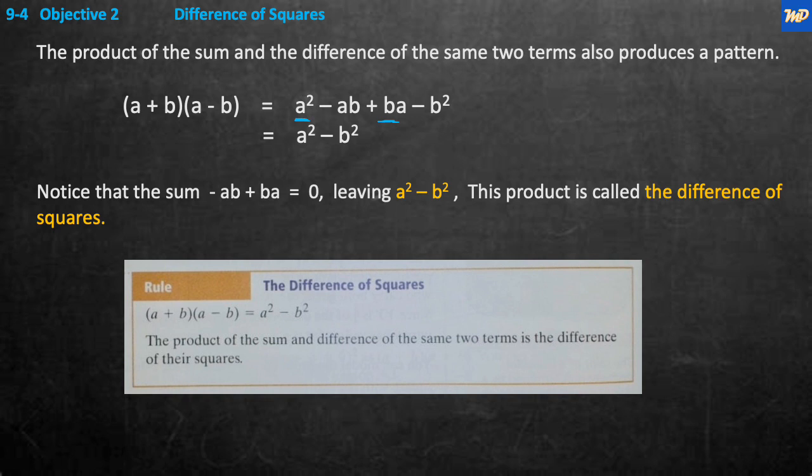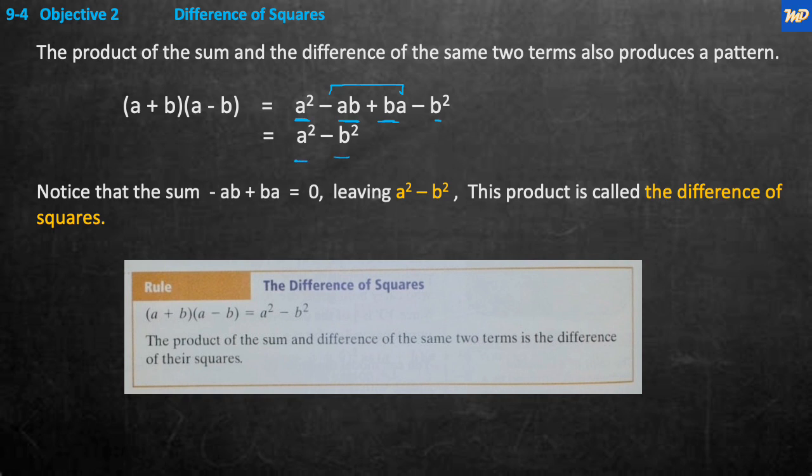Outer is a times minus b, a negative ab. Then inner is positive ba. Here's your positive ba. And finally the last terms, b squared, and it's negative b squared. Okay? And what you'll notice here is that these two terms cancel each other out. And you're left with a squared minus b squared.